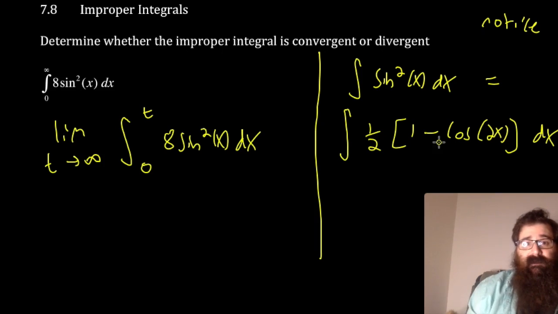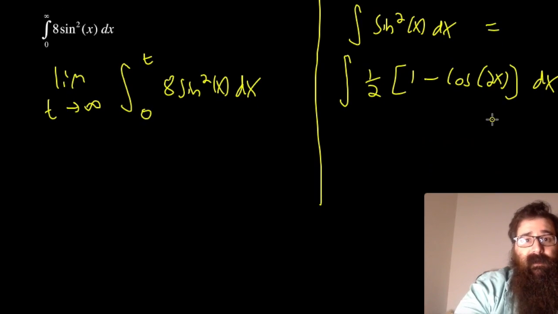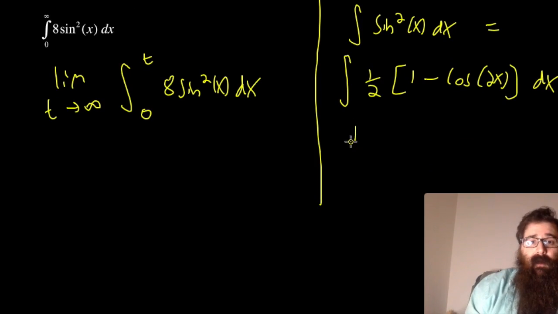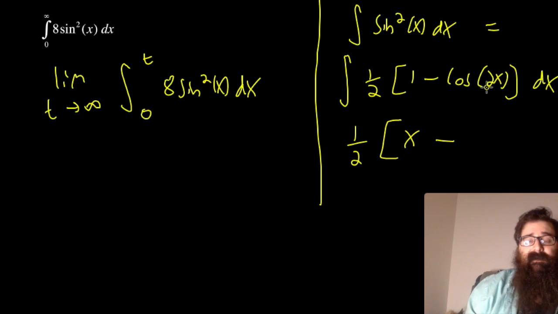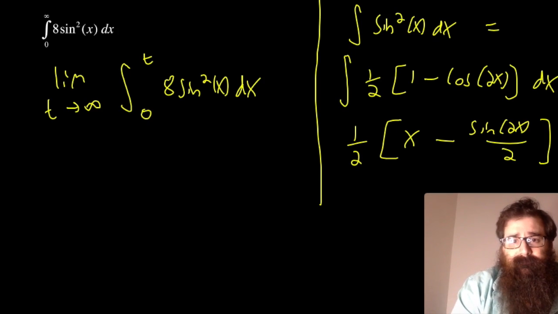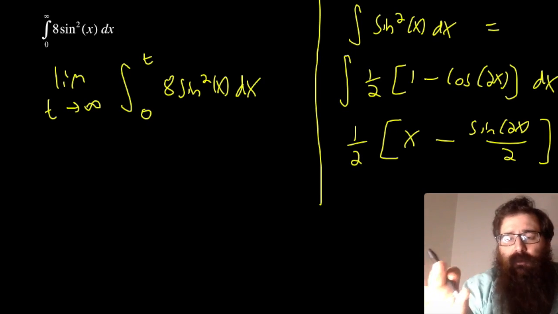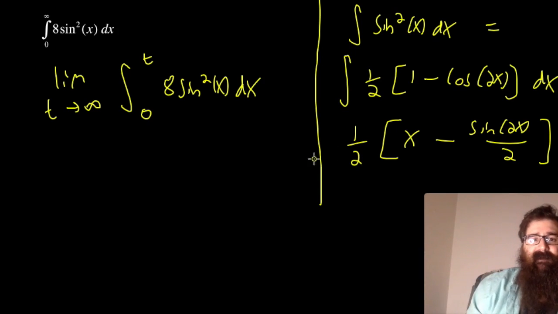I'm doing the integration here in a generic sense. 1/2 comes along for the ride. If I integrate 1 with respect to x, gives me x, minus, if I integrate cosine of 2x, gives me sine of 2x divided by 2. I could really use a substitution to show that work. And then just as an integration in general, I would say plus c. But I don't plan on using this as an indefinite integral.